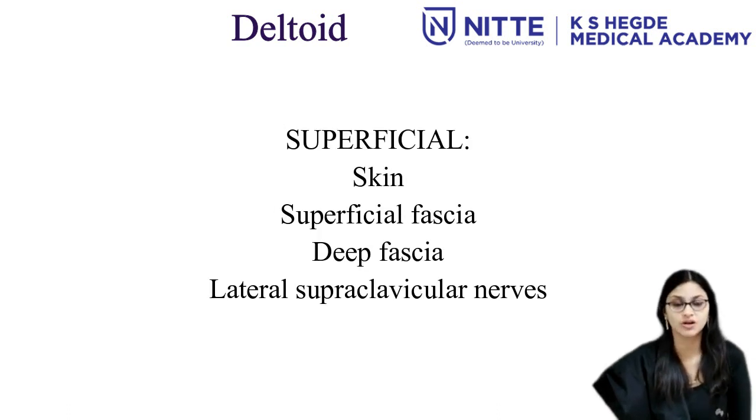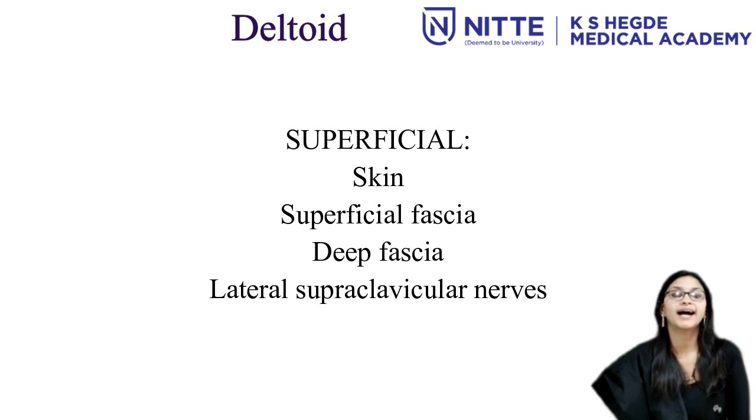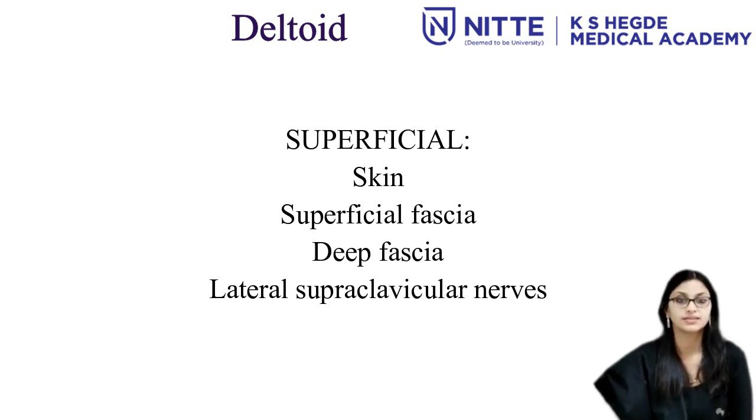Talking about the relations of the deltoid, superficially the muscle is covered by skin, the superficial fascia, deep fascia, and the lateral supraclavicular nerves that cross the deltoid muscle.